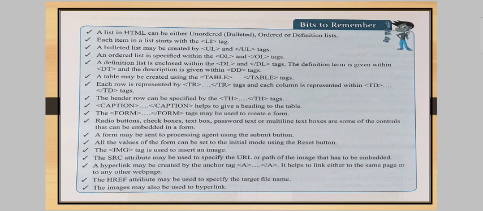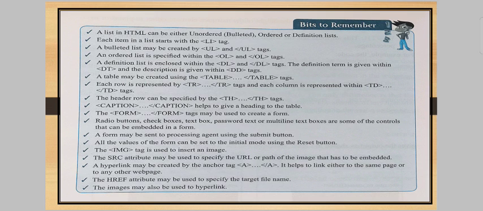So first of all, a list of HTML can be either order list, unordered list and definition list. In my previous classes I already have discussed about the HTML list. Each item in the list starts with li tag.